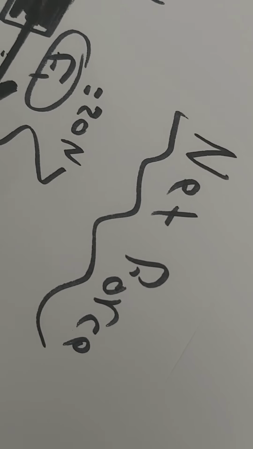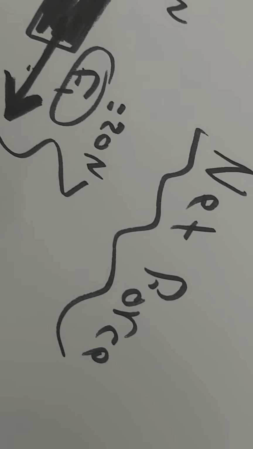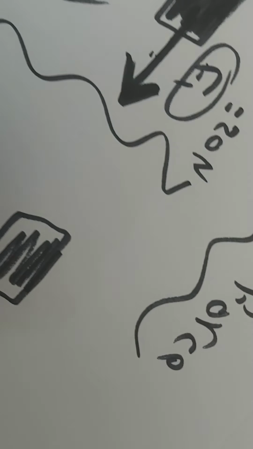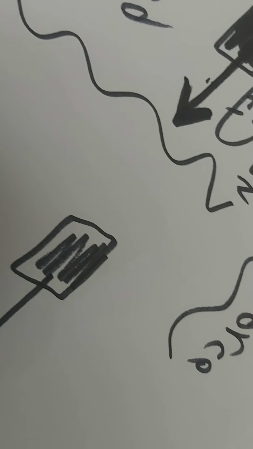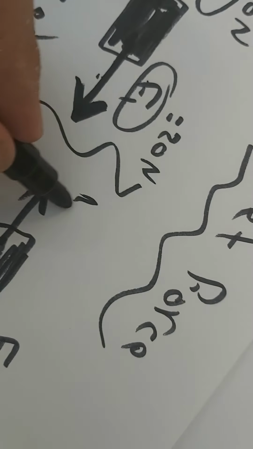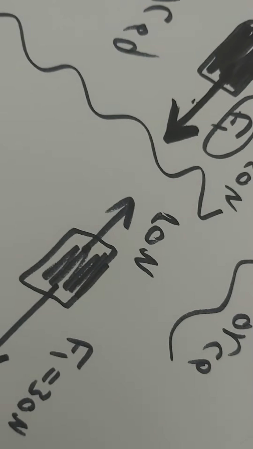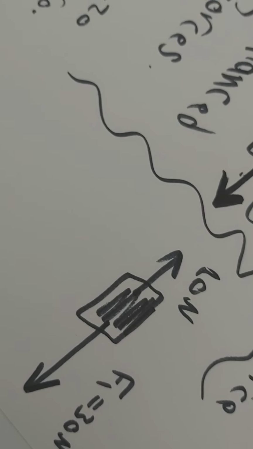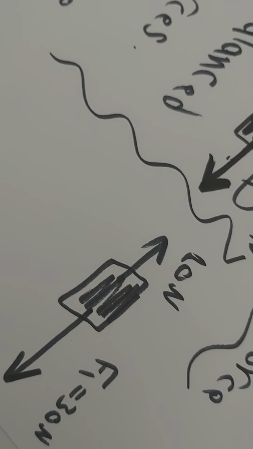The second type of forces: if one is greater than the other, or one is stronger than the other. For example, if F1 equals 30 Newton and the second one 10 Newton only. So we know 30 is greater than 10. What will happen? The stronger force will pull the object toward itself.